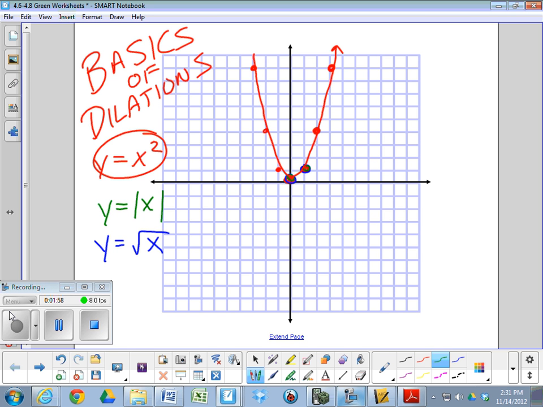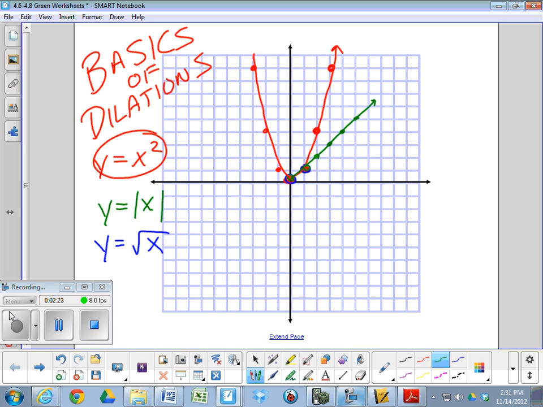Next, the absolute value differs because it doesn't get squared. It's just the absolute value of 1, 1. The absolute value of 2, 2. 3, 3. 4, 5, and that's all it does. Could you say that on the right side, that's the graph of y equals x? Y equals x. 1, 1, 2, 2, 3, 3.